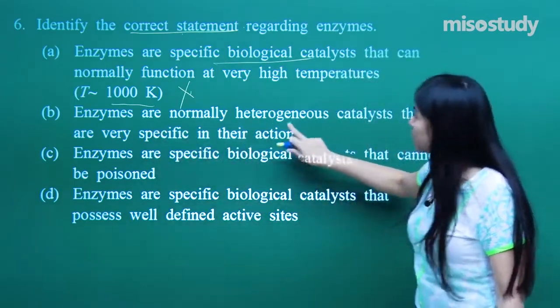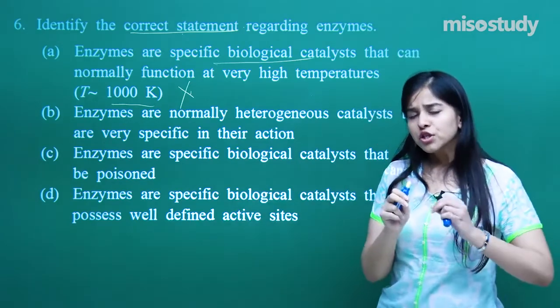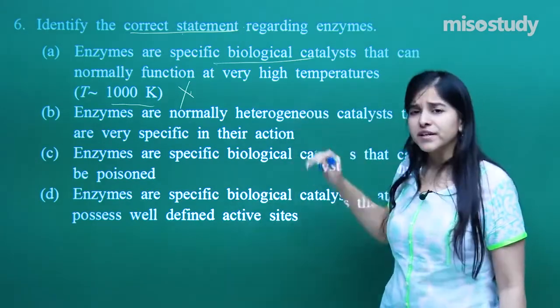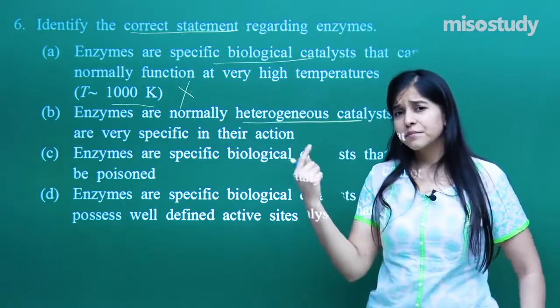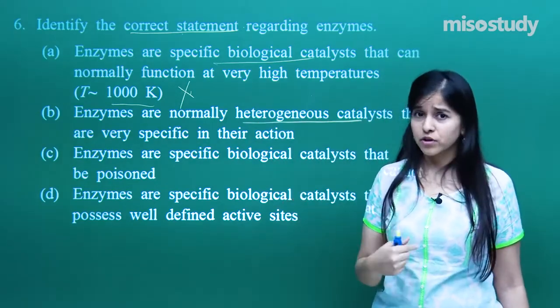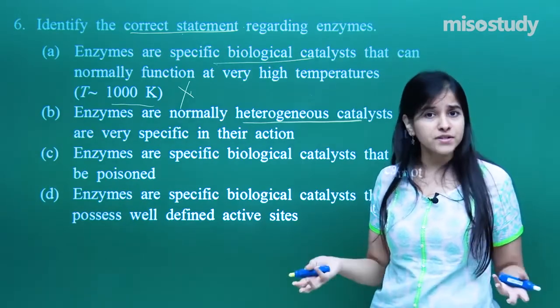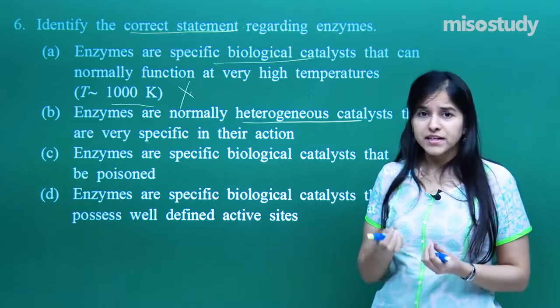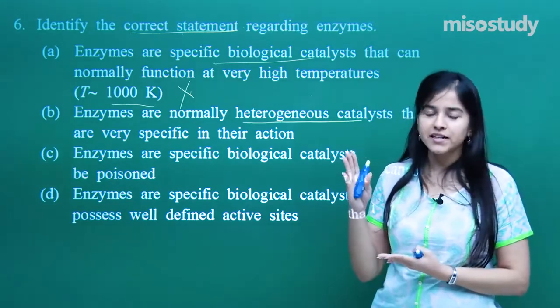Second is, enzymes are normally heterogeneous catalysts and are very specific in their action. So, do you find this statement true? What is a heterogeneous catalyst? That means they may be present in another form within our body. But our body has mostly the liquid state, and the enzymes need to perform their actions within that liquid state.